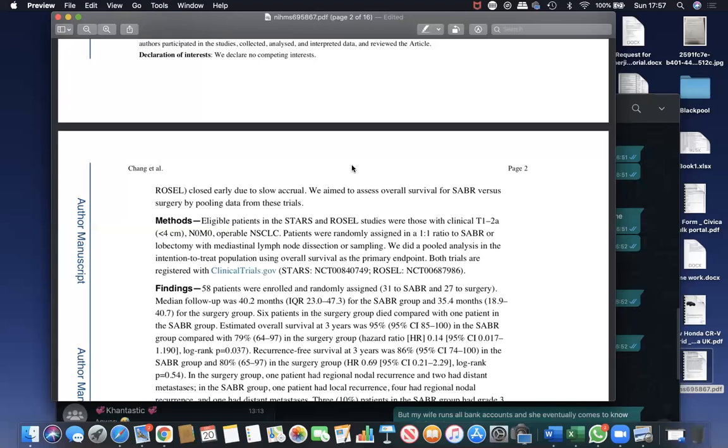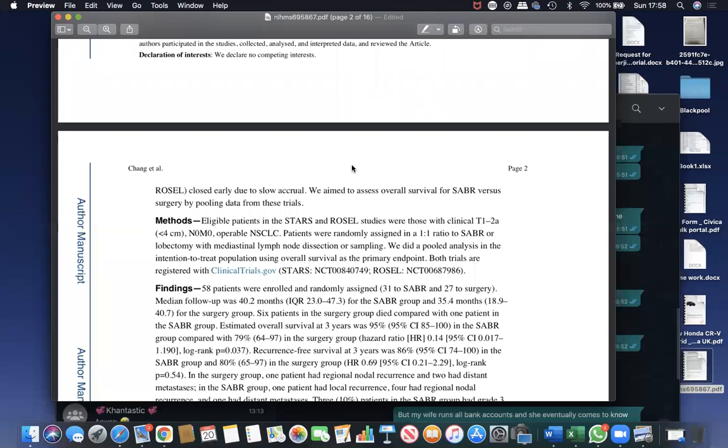As a scientist, if I wanted to analyze this, I would say my null hypothesis is SBRT has no role in the management of lung cancer, operable stage 1A lung cancer. Use all the words: operable stage 1A lung cancer.